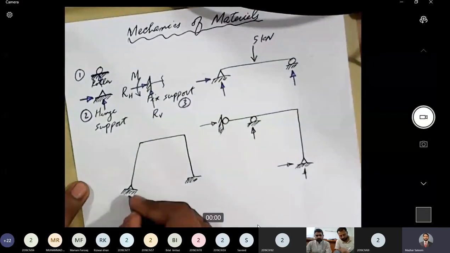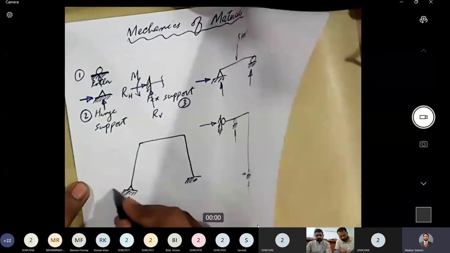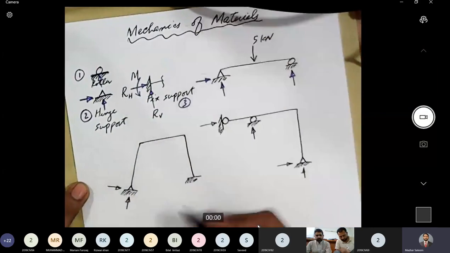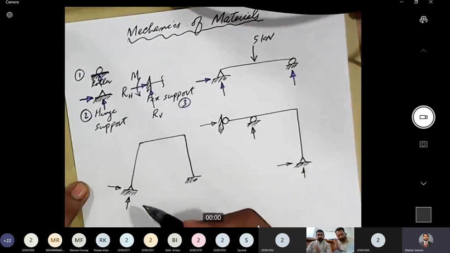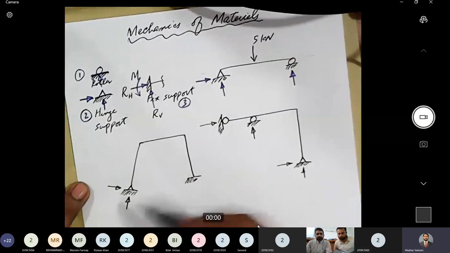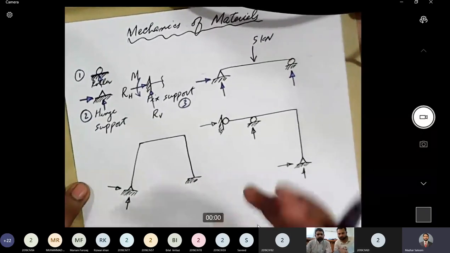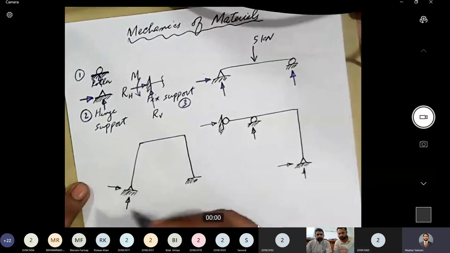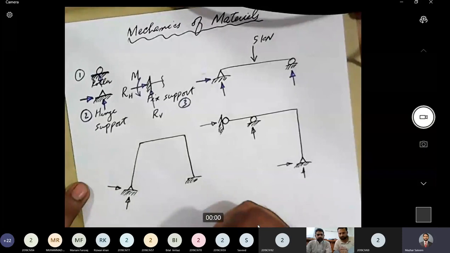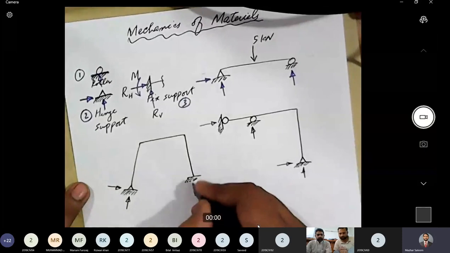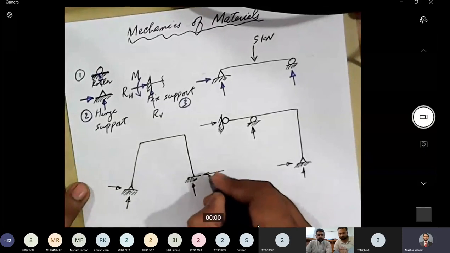So the two reactions generated will be like this. Ultimately, we can resolve these reactions into their horizontal and vertical components, but the loads that will be initially generated will be inclined: the reaction parallel to the supporting surface and perpendicular to the supporting surface. And here it will be like this.